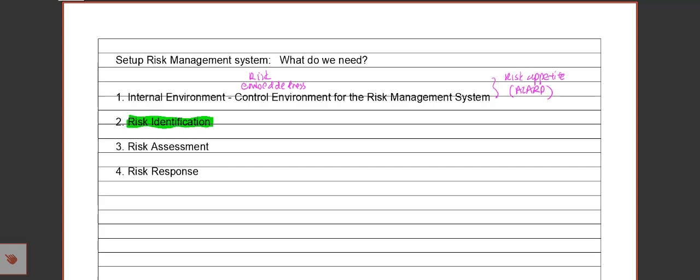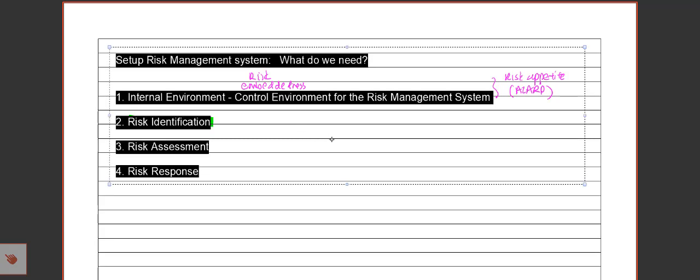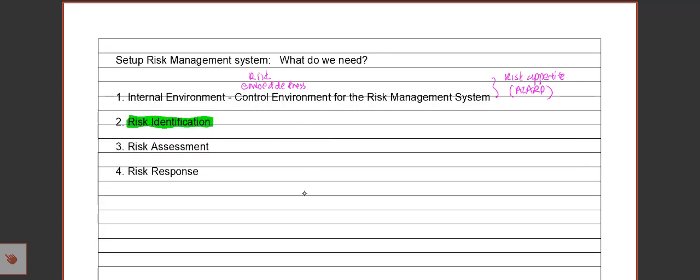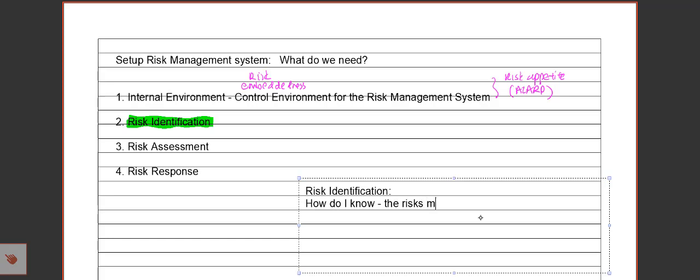Okay, so let's ask this question: risk identification. Now, how do I know the risk my business is facing or exposed to?